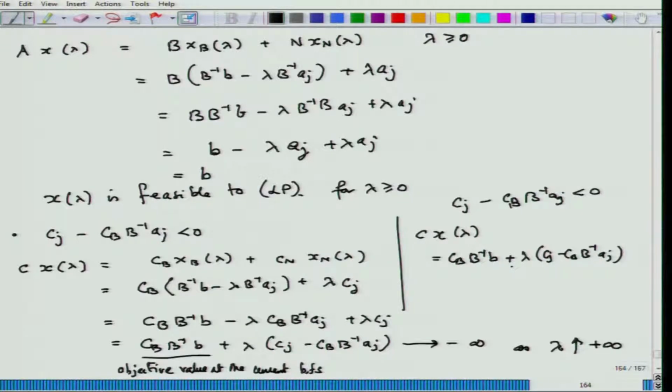Suppose I take lambda strictly bigger than 0, then also x lambda is feasible. So, for such a lambda this is negative and this is positive, so this whole thing would be strictly less than Cb B inverse B. So, I have found a feasible point whose objective value is strictly better than the objective value at the current BFS. So, the current BFS cannot be optimal.